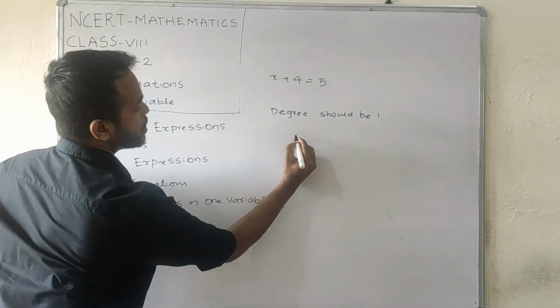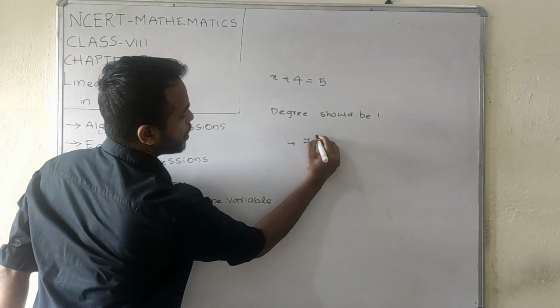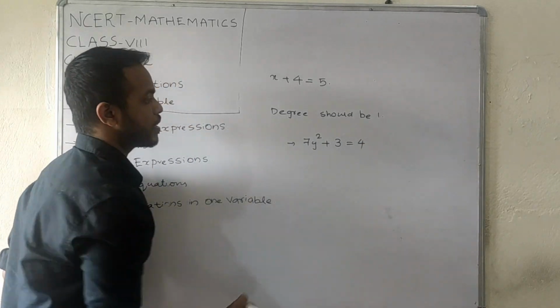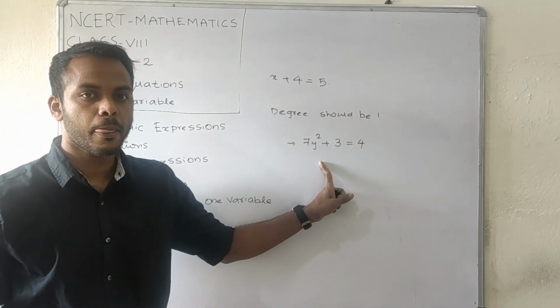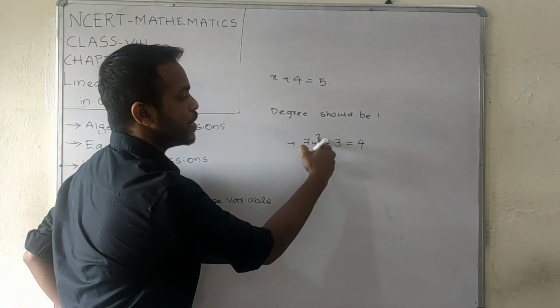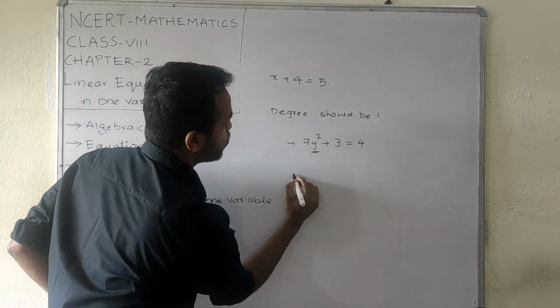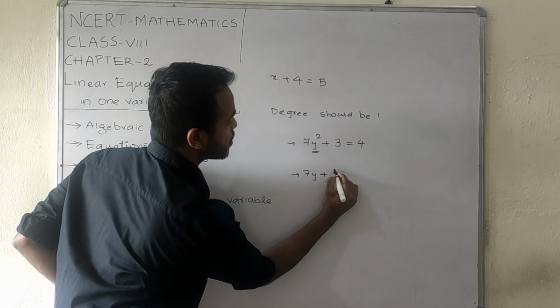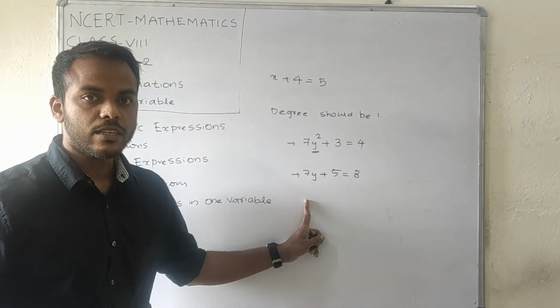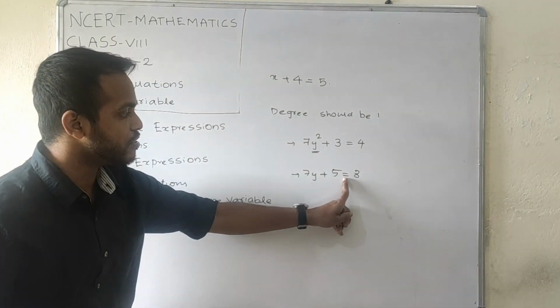Now, let's see some examples. 7y square plus 3 is equal to 4. Is this a linear equation? It is not, because the power of y is not 1. But if we write like this, will this be a linear equation? Of course, because there is an equal to symbol.